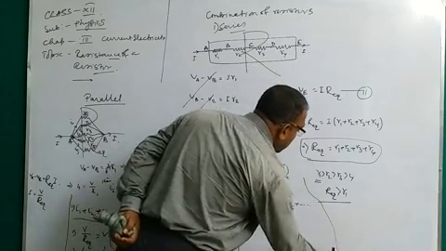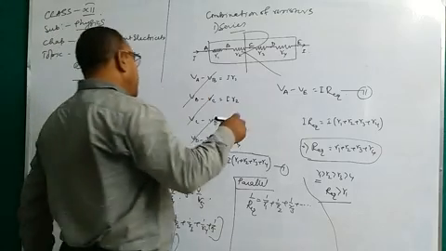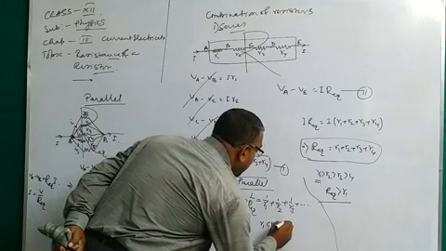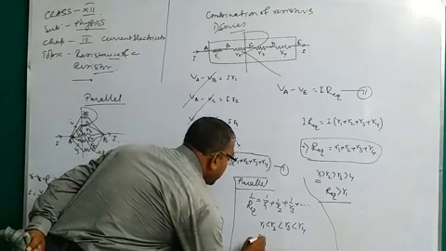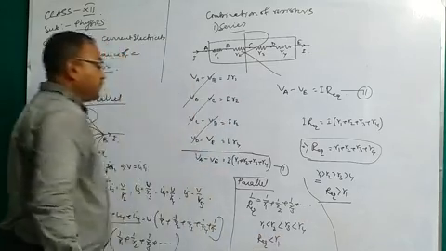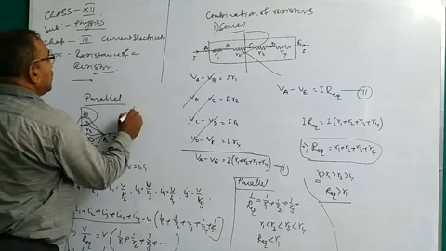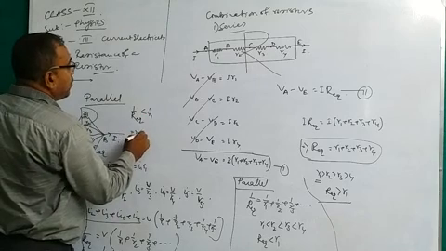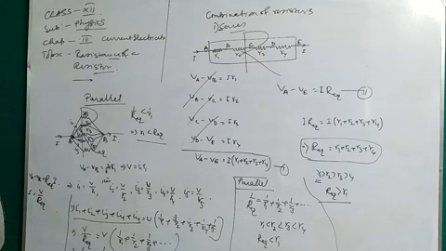So one question here: if R1 is less than R2, R3, R4, R5, meaning R1 is less than R2, less than R3 and less than R4, then R equivalent must be less than R1. How can we prove it? Because you know 1 by R equivalent is greater than 1 by R1.